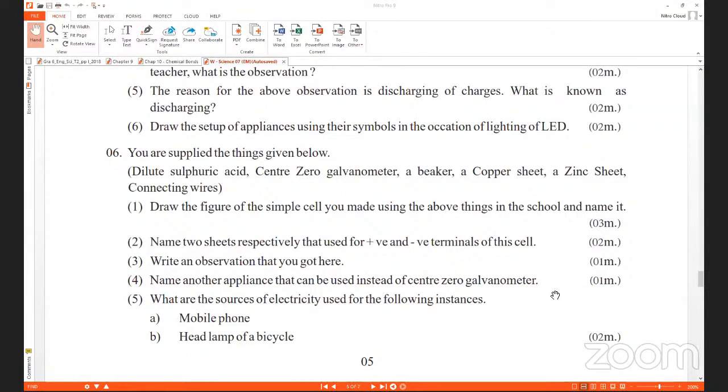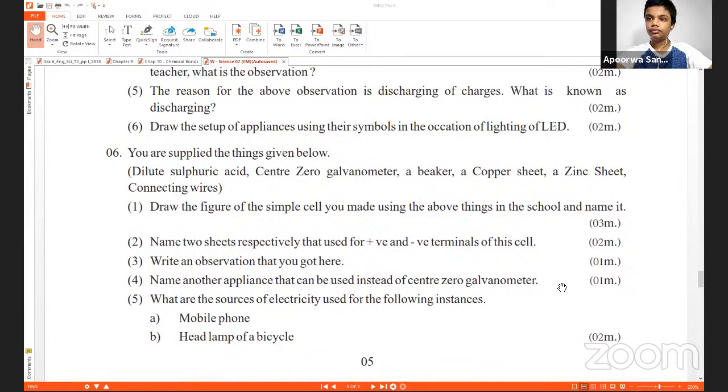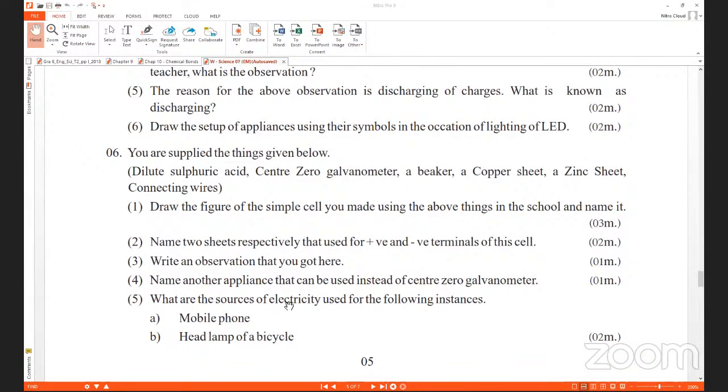A center zero ammeter, a center zero milliammeter can be used, or you can use a motor, a bulb, a torch bulb. You can use a voltmeter as well.